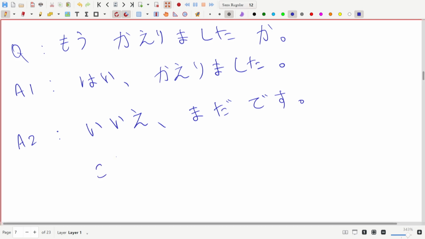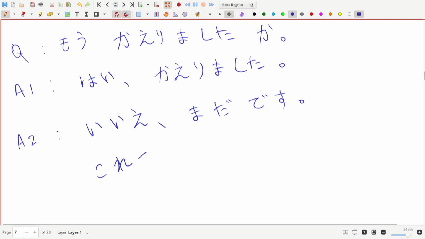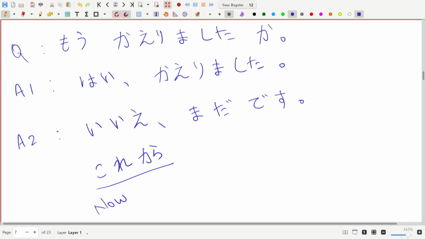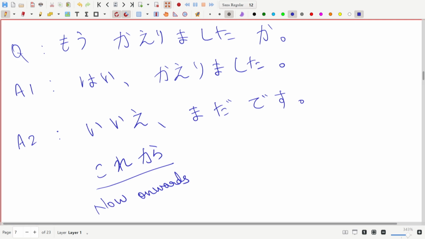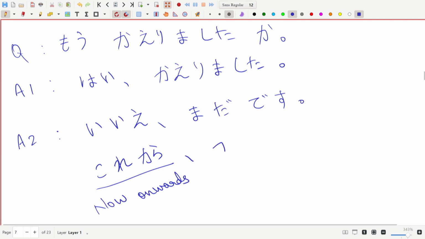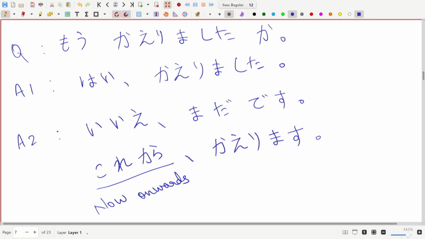Now you can elaborate the answer with kore kara. Kore kara is now onwards. So now I am going to return. So "kore kara kairimasu." Now I will return.